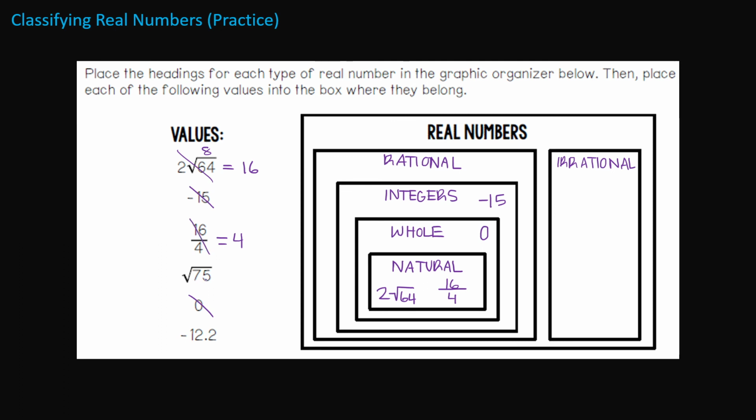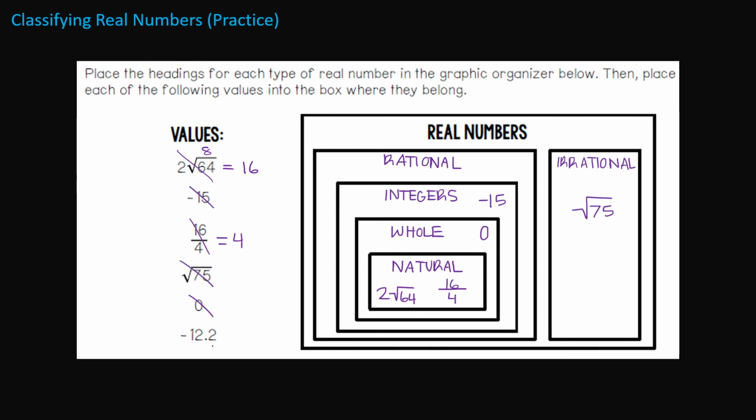The square root of 75. Now, off the top of my head, I cannot think of an integer that when multiplied by itself equals 75. 75 is a non-perfect square, and we know that non-perfect squares are irrational numbers. That means they are not rational.